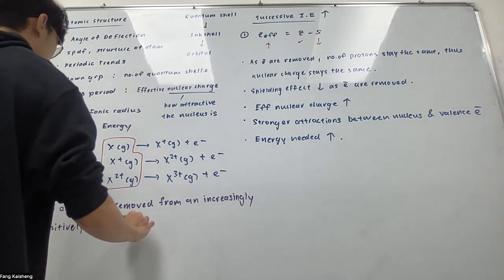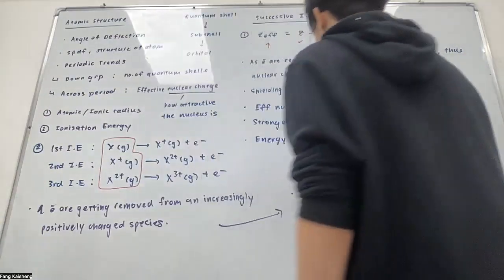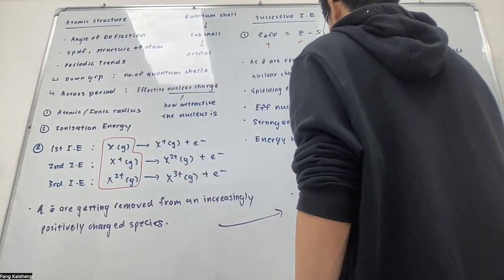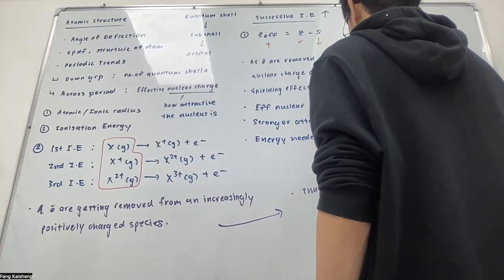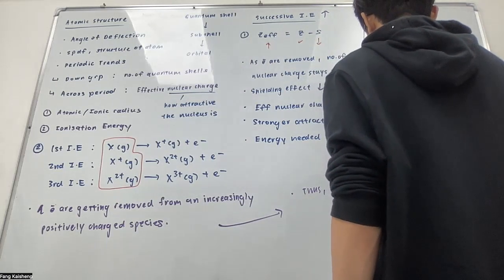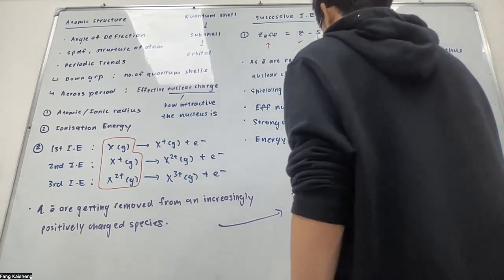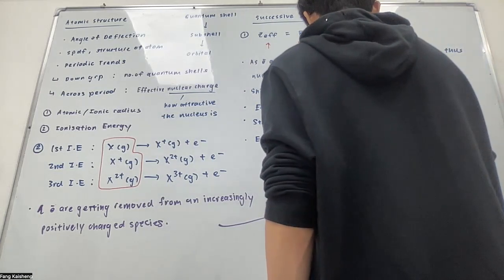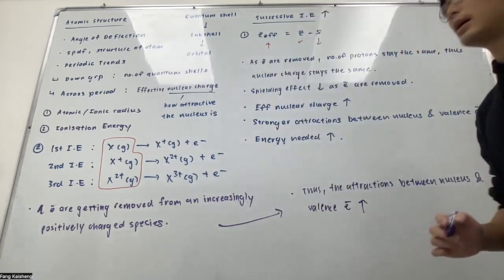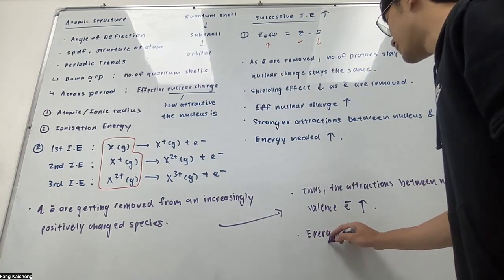And you all can see it's just going to get stronger and stronger attractions. Thus, the attractions between the nucleus and the valence electrons increase. Finally, talk about energy. So it's much faster.